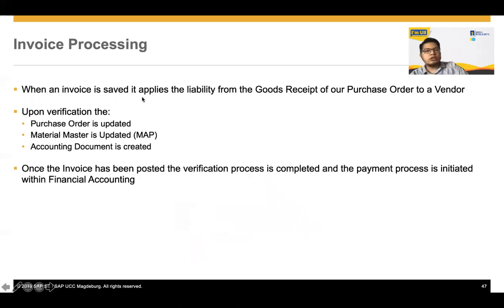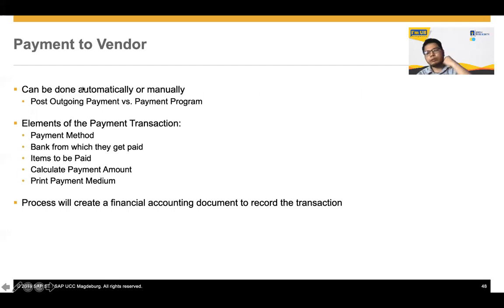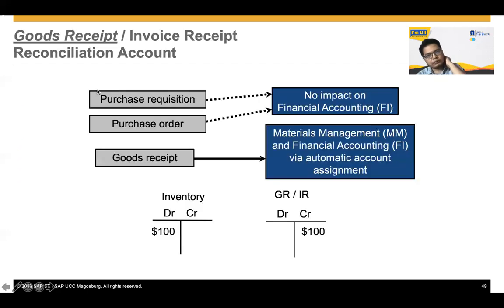So invoice processing: when an invoice is saved, it applies the liability from the goods receipt of our purchase to the vendor. So the purchase order is updated, material master is updated, accounting document is created. Once the invoice has been posted, the verification process is completed and the payment process is initiated. Okay, then it will become payment to vendor.